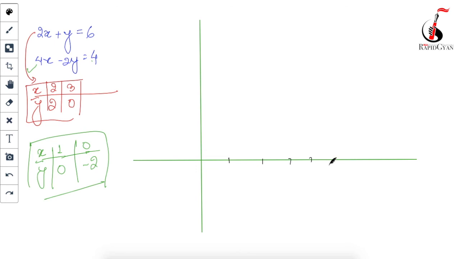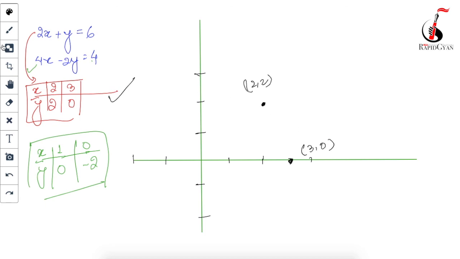Let's write till 4, although it's only needed till 3, correct? And this is your 1, 2, 3, minus 1, minus 2. First point is 2 comma 2, so this is going to be your 2 comma 2, right over here. Next point is 3 comma 0, so this is your 1, 2, 3, this is going to be your 3 comma 0.